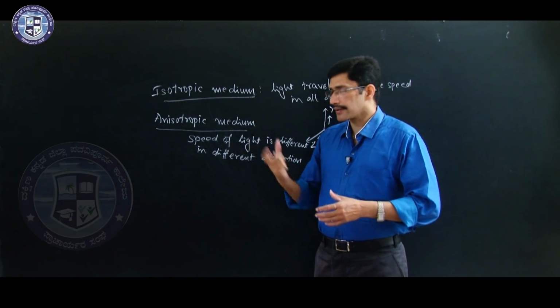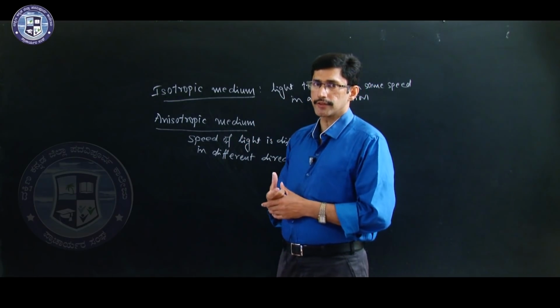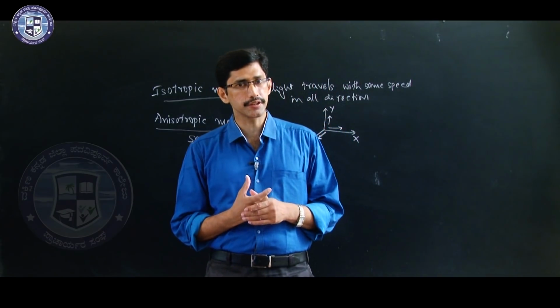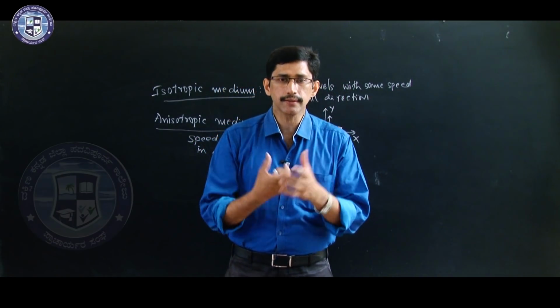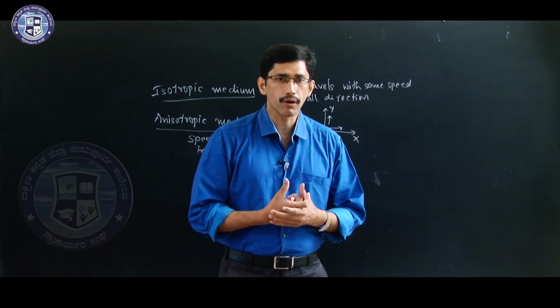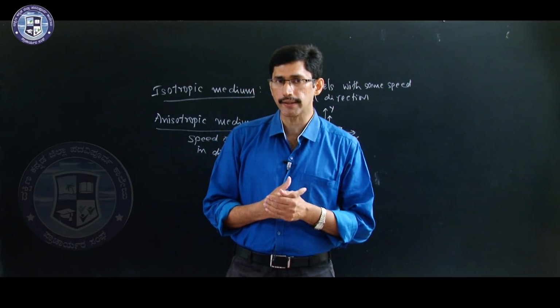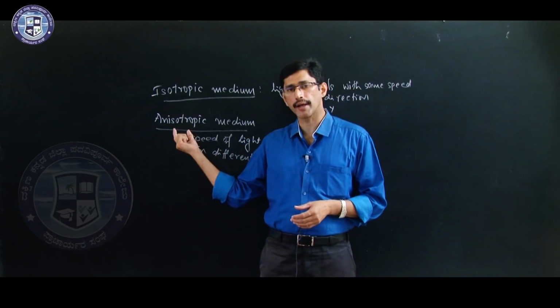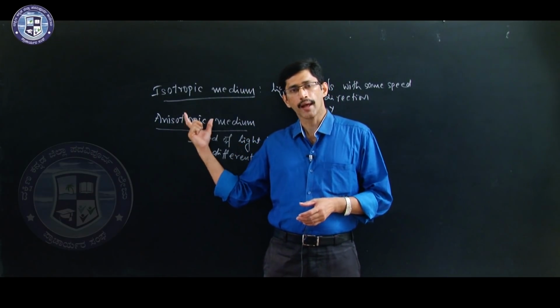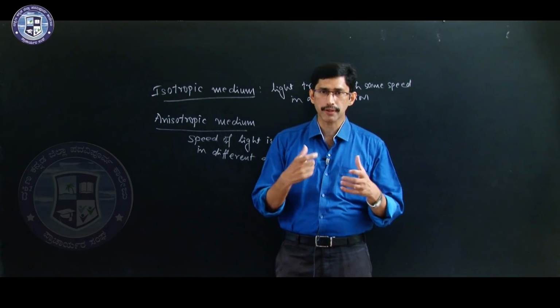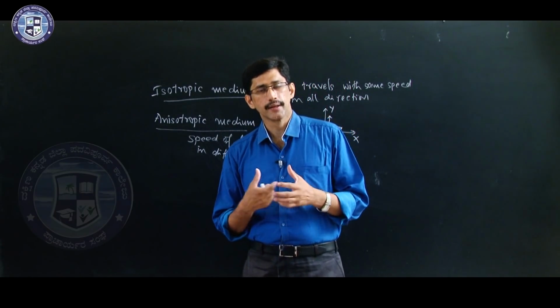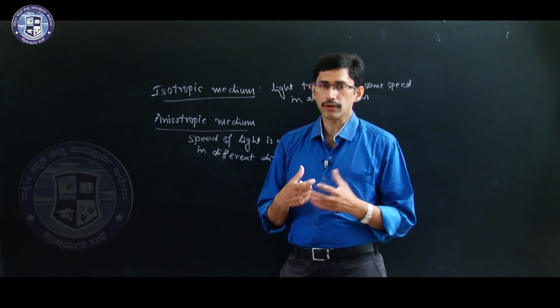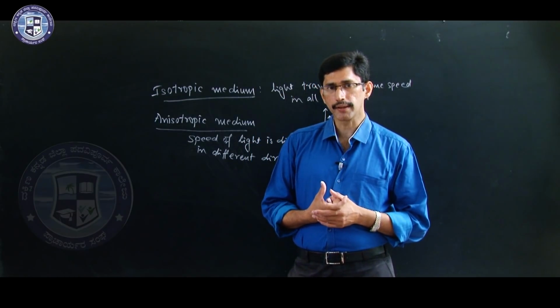And in certain crystals, double refraction takes place, where the incident light gets split into the ordinary ray as well as the extraordinary ray, and such a medium is an example for an anisotropic medium. This ordinary ray obeys the laws of refraction, and the extraordinary ray does not obey the laws of refraction.